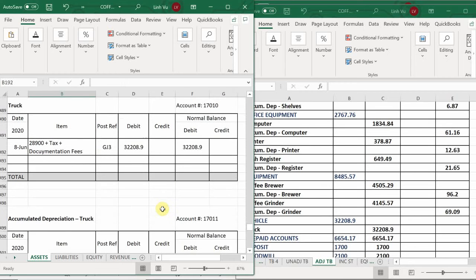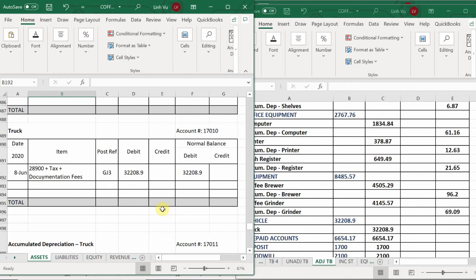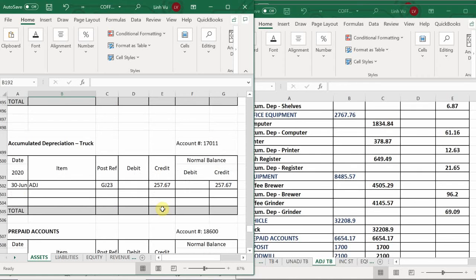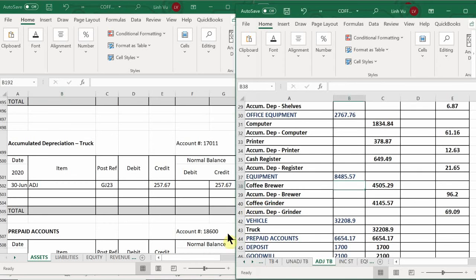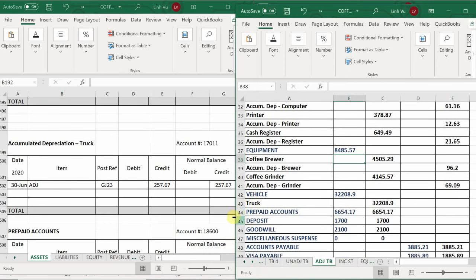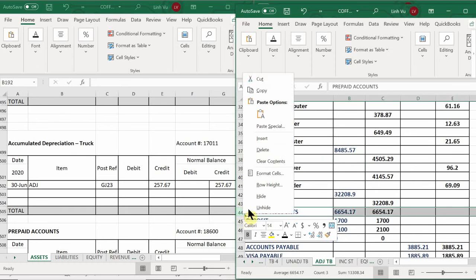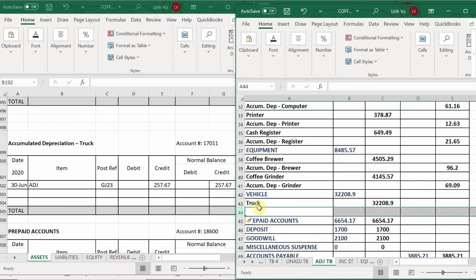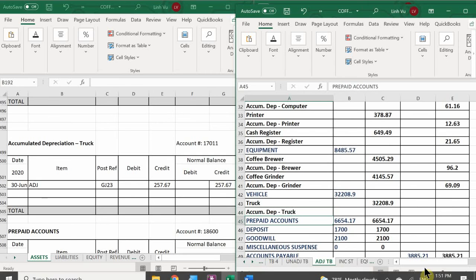All right, next thing we have is vehicles. We have accumulated depreciation for the truck. So let me see, truck here. Insert accumulated depreciation truck.